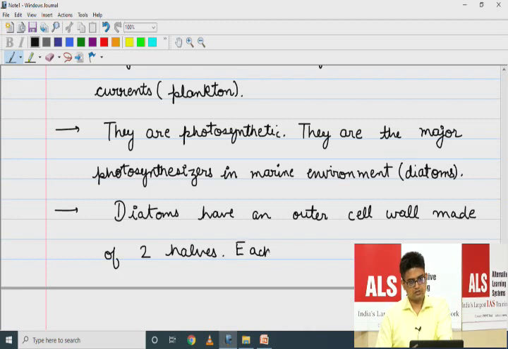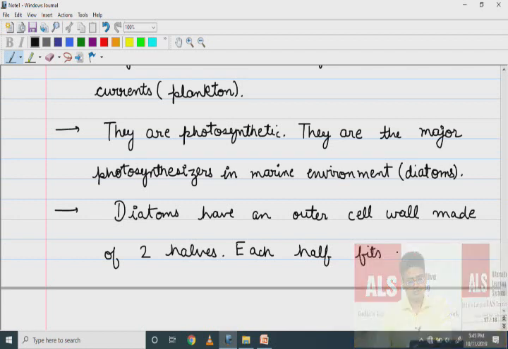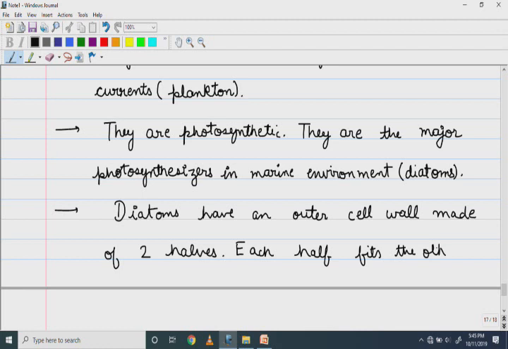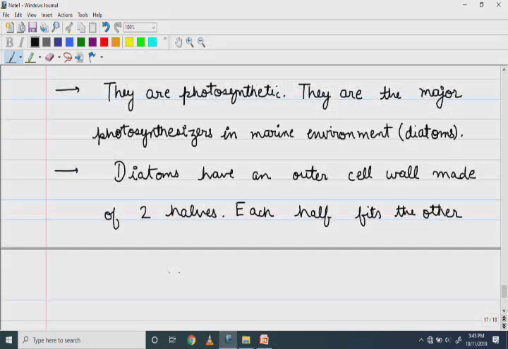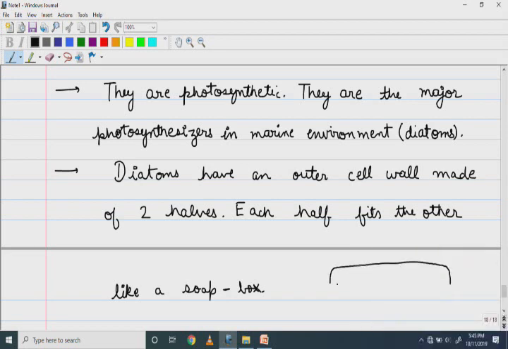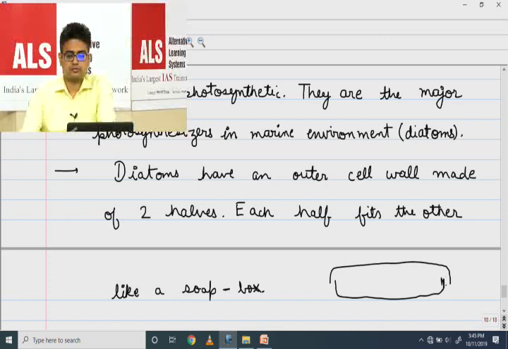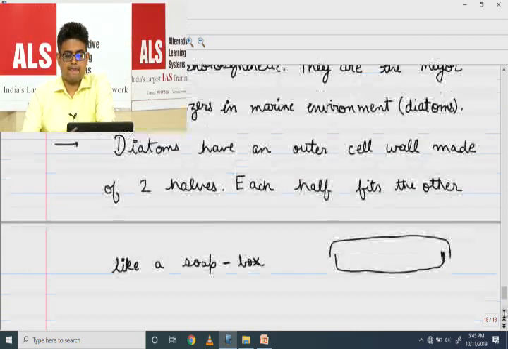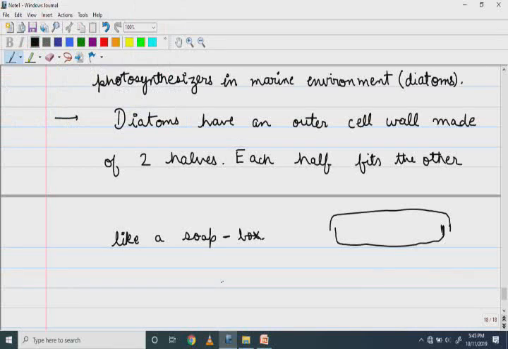Each half fits the other like a soap box. Like a soap box. So this is how diatoms are arranged. Two halves of a soap box structure. Right? This is how diatoms are arranged.